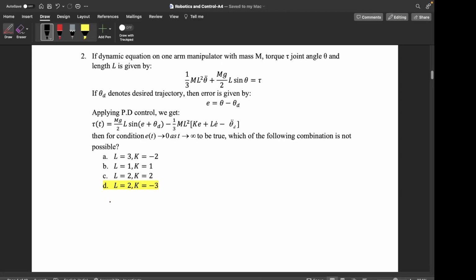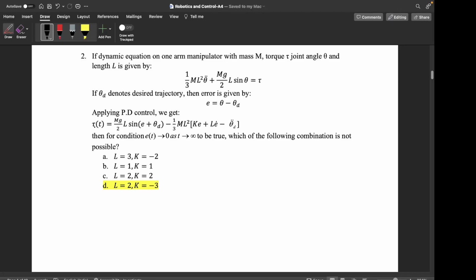Again, the expression for torque has been given for a one-arm manipulator, and theta d is the desired trajectory, and e denotes the error between the desired trajectory and the actual joint trajectory, and we are applying a PD control.